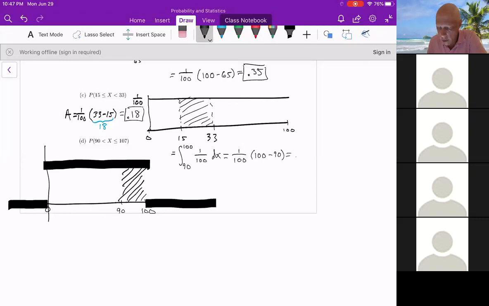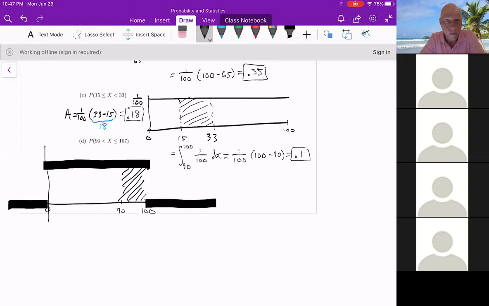And that's 10 over 100, or 0.1, or 10%. Yeah, that's one that a lot of students will miss, but that's why I put it on here, so that you will have seen it prior to homework or a quiz or something. But it's important to keep in mind, what is your support?